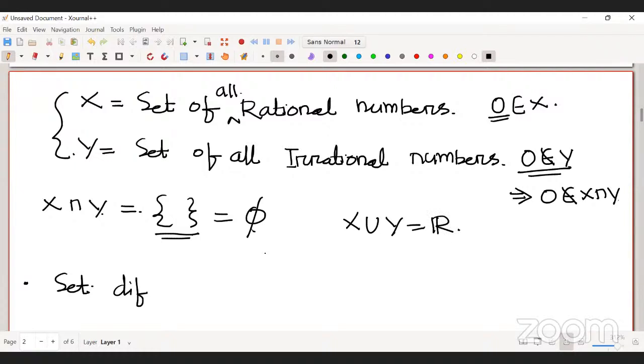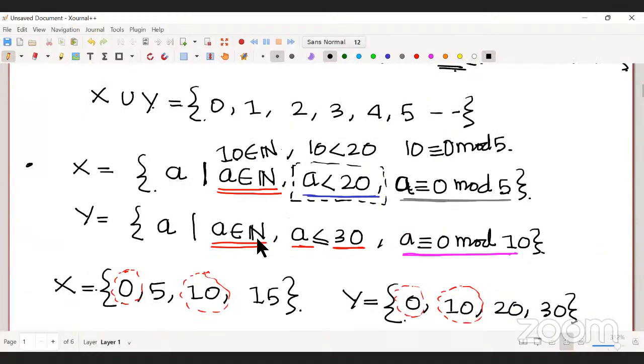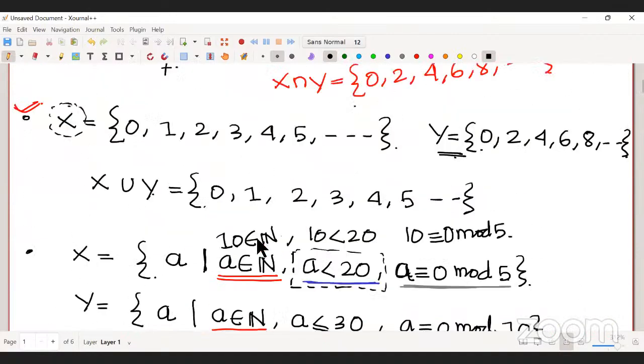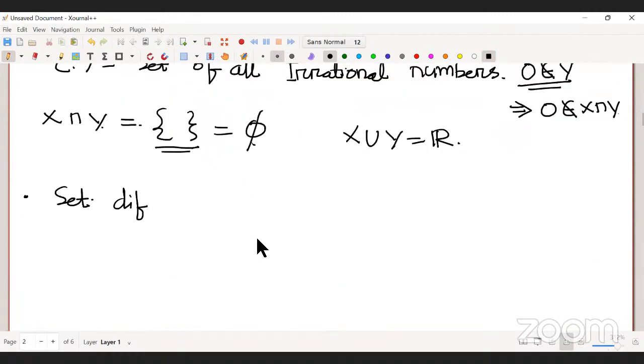Sir, one doubt about that 0 mod 5. If A divides B, then A mod B equals 0. Should we not write B mod A equal to 0, sir? Let us take B equal to 0, 5, 10, 15, and A equal to something. Sorry, can you repeat? It's not clear to me.